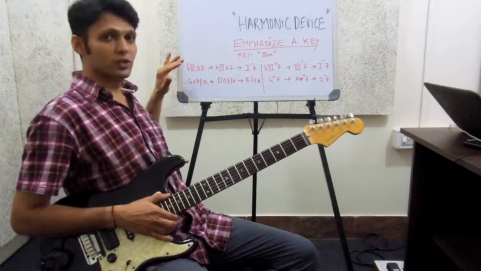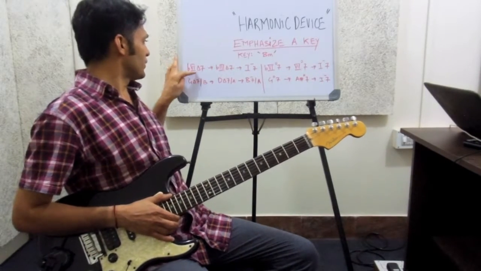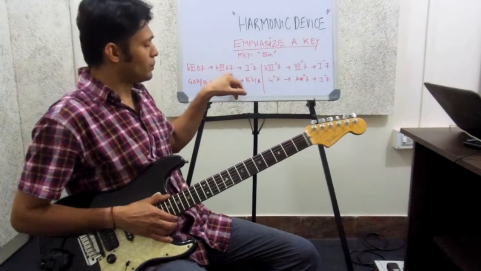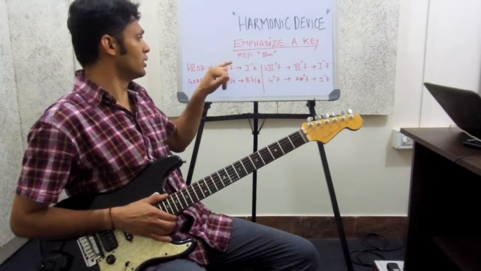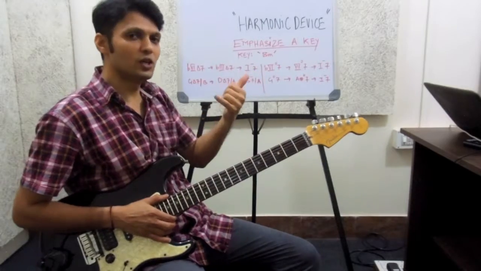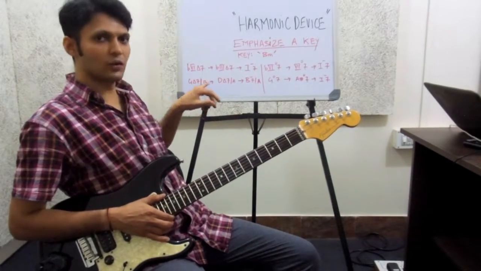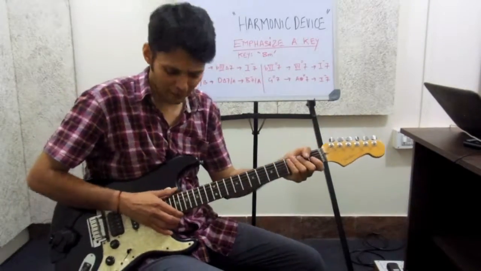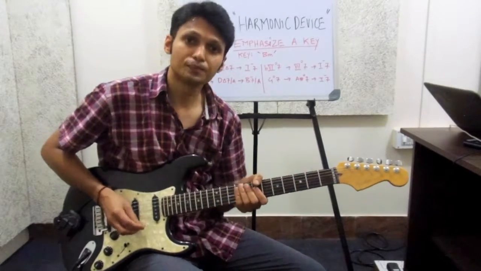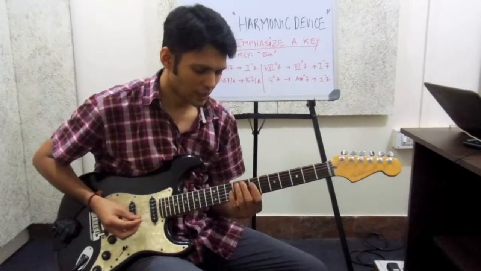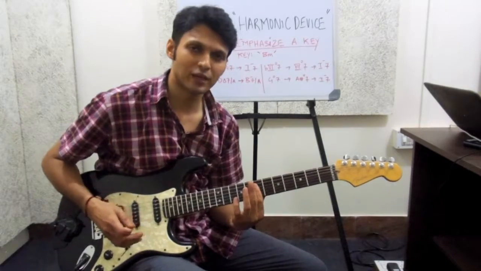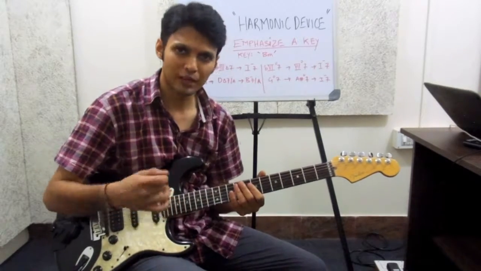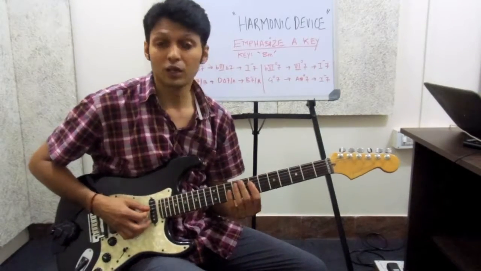More specifically, I use 7th chords: the major 7th chord on the flat 6th degree going to the major 7th chord on the flat 3rd degree going to the minor 7th chord. In the key of B minor, that will be G major 7 going to D major 7 going to B minor 7. Let's hear how it sounds in the context of the piece. The key of B minor has already been established by this movement.